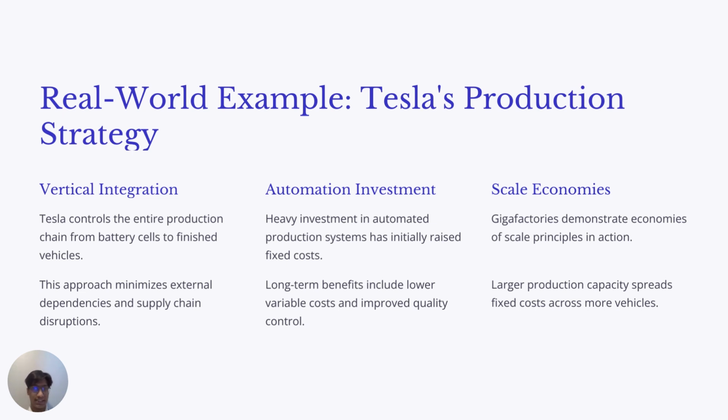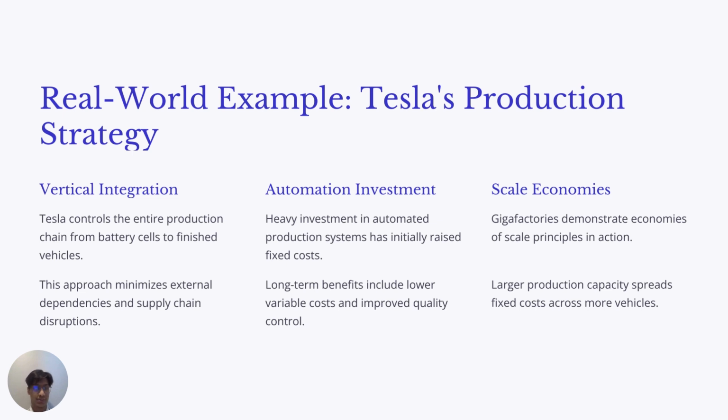Let's take a real world example here. Tesla's production strategy. Tesla doesn't just assemble cars, they have vertically integrated nearly every aspect of their production process, from battery cells to vehicle manufacturing. This reduces reliance on third party suppliers and allows them to control both quality and cost. Tesla also invests heavily in automation.